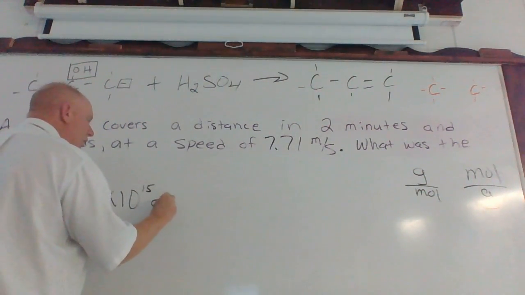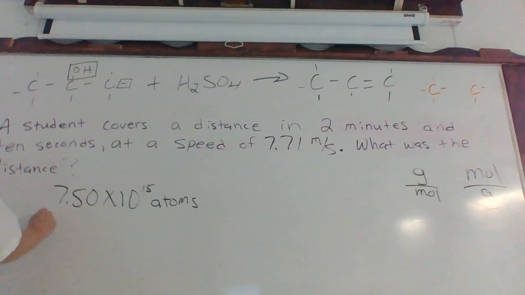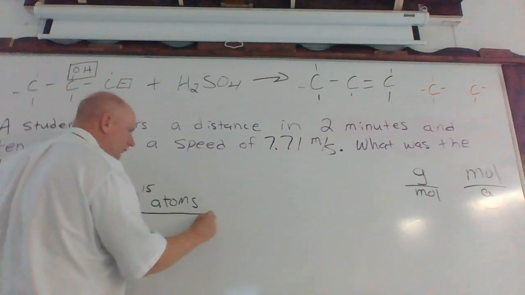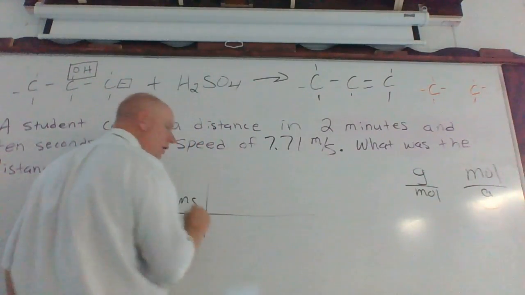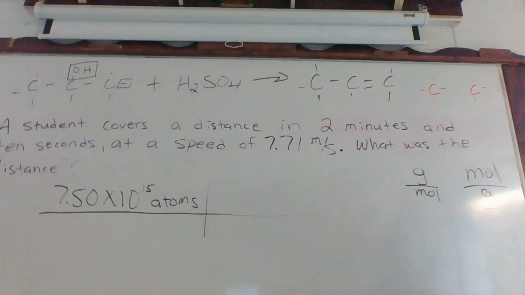Okay, so we want to know how many grams are in there. How do you suppose we get rid of that atom? You said correctly, you need to use what number?